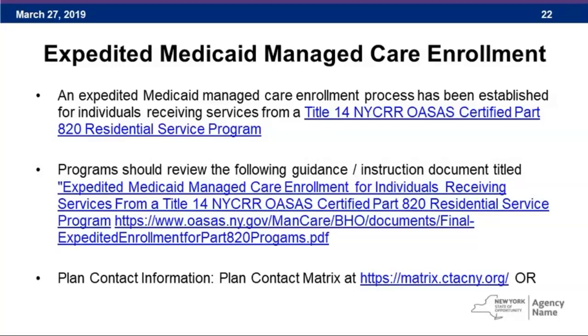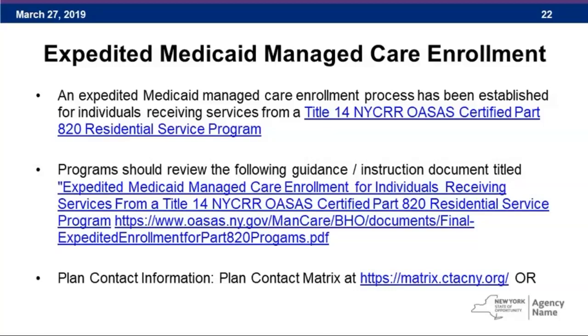What we heard from some of those early adopters was the length of time that was associated with putting someone into a Medicaid managed care plan was causing issues as far as being able to secure that reimbursement for the treatment per diem and work with the Medicaid managed care plans.